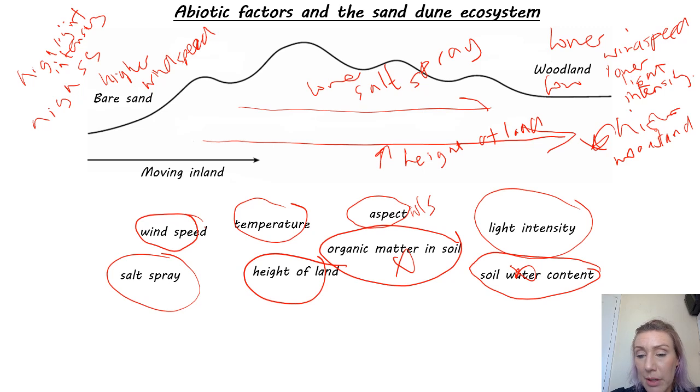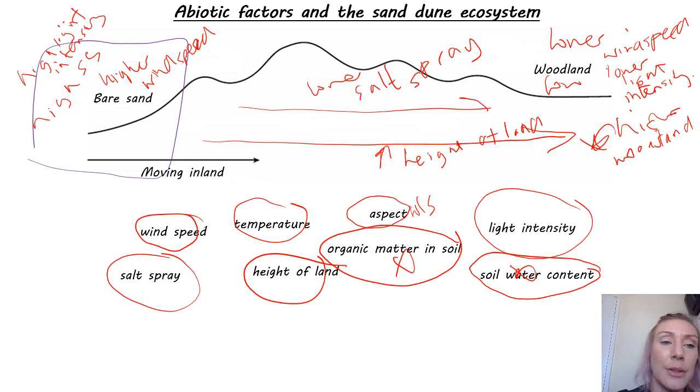Right, so once you've got all of that, a bit of a summary. What can you say about the bare sand? Well, it's got high light intensity, high salt spray, high wind speed, low organic matter in the soil, low water content in the soil, and a fluctuating temperature. It has very harsh abiotic conditions.